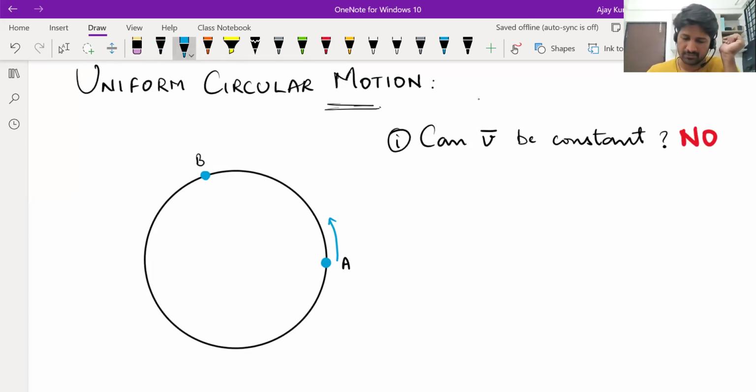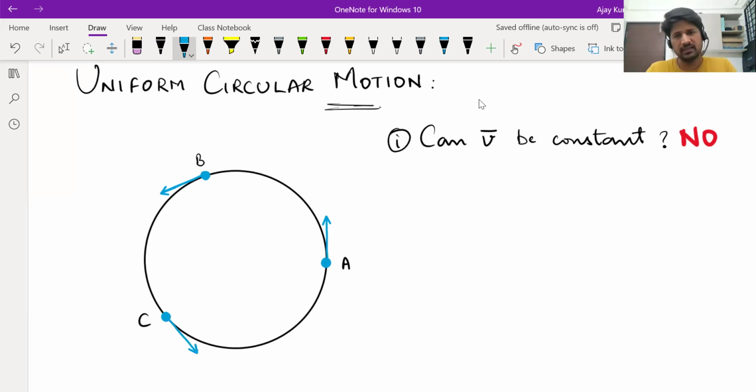For example, at its initial position, the object is moving in this direction. Its velocity is directed that way. At that position B, its velocity is directed this way. At some other position, call this position C if you want, its velocity would be directed this way.